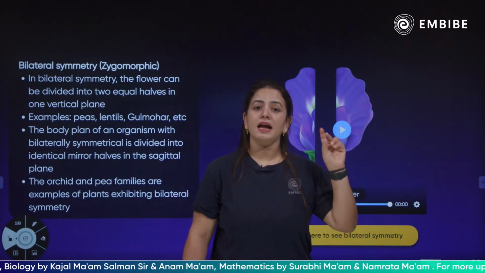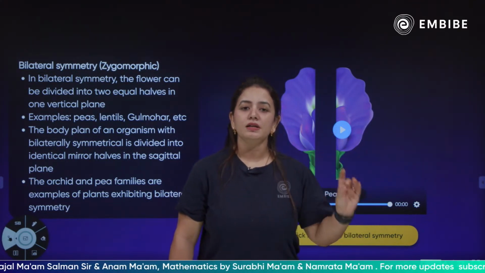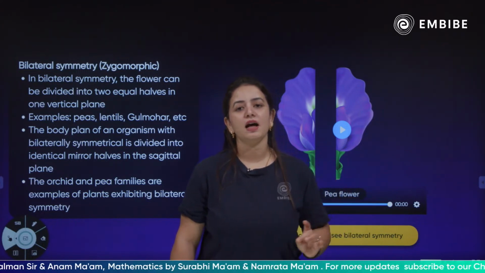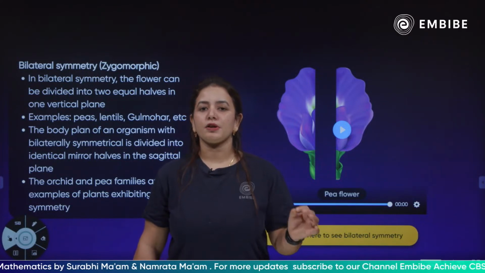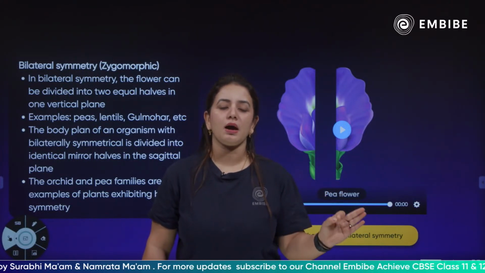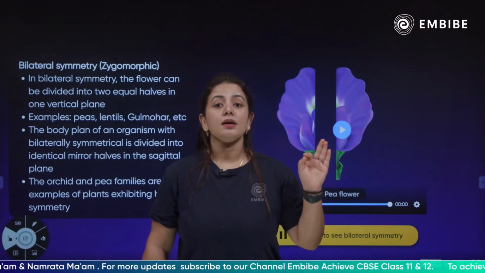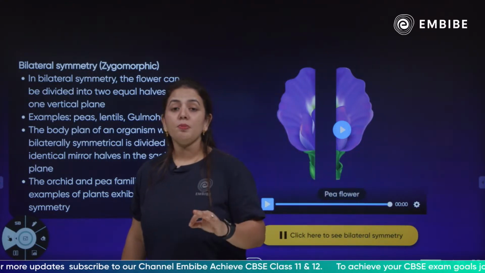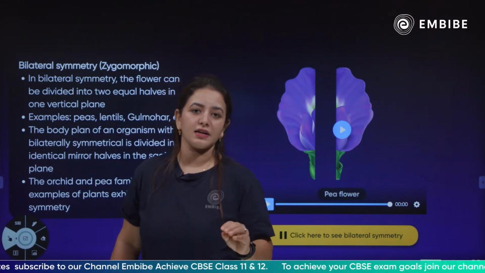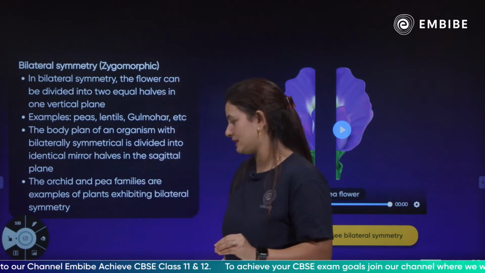If the term actinomorphic comes up, you will assume we are talking about radial symmetry, and if the term zygomorphic comes up, you will assume we are talking about bilateral symmetry. Clear, children?